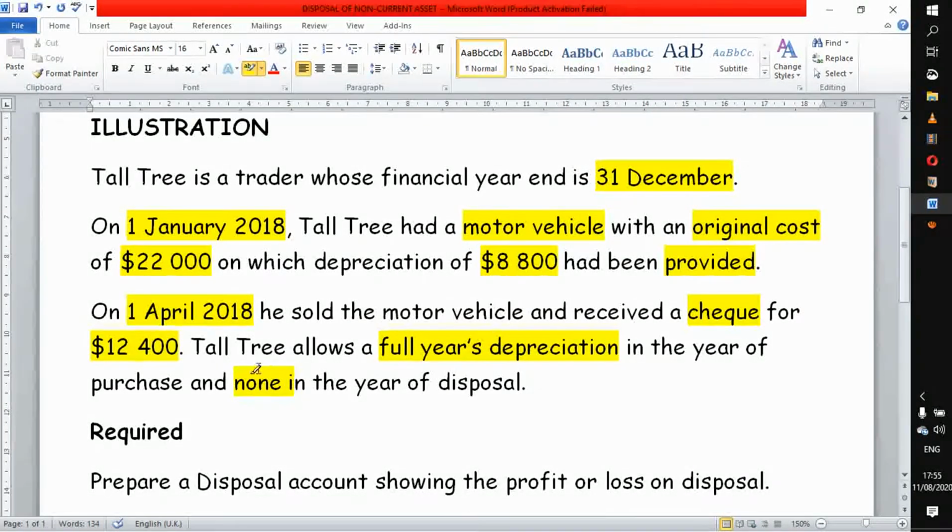But today we are disposing it on 1 April, which means no depreciation is to be calculated for this year 2018. So it makes our life easier because we are only concentrating on the accumulated depreciation given here.